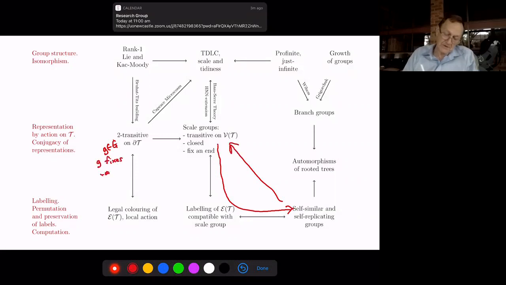Let's call them minus infinity and infinity. And there are two scale groups and they're acting on the same tree. Now, that's if we already have this situation where we have a group acting on a tree. And it's an interesting question about, if we don't already have this, then how do these two scale groups interact?